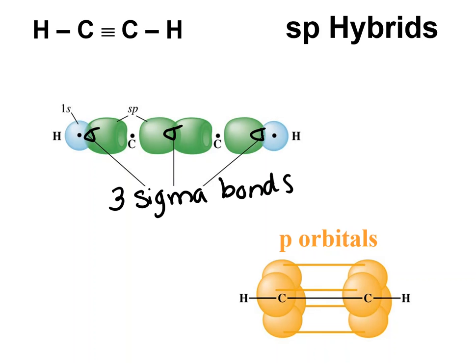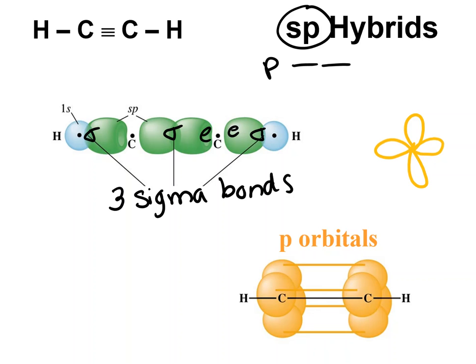As far as electrons go, each carbon has 2 electrons already, and the other 2 electrons are going to be in its p orbitals. Because if it's sp, that means it has 2 p orbitals, and each p orbital, of course, has 2 lobes. The other p orbital is at a right angle to it.